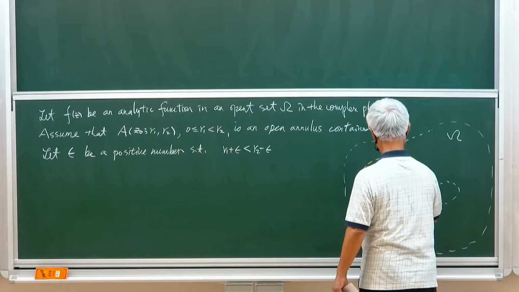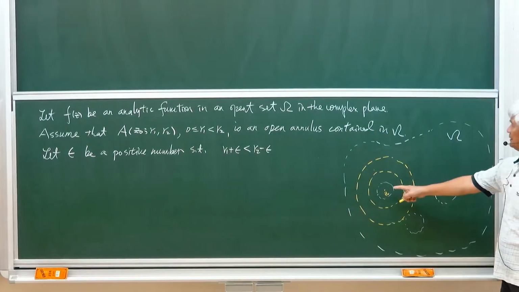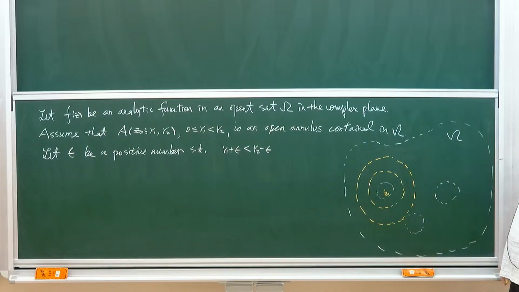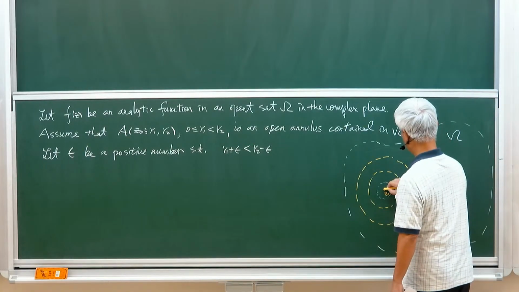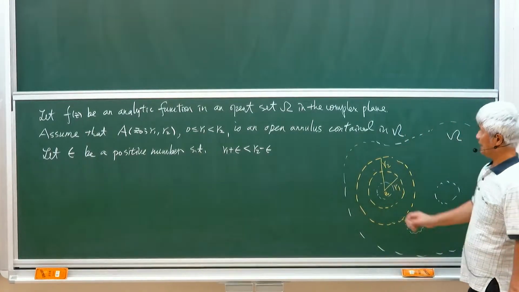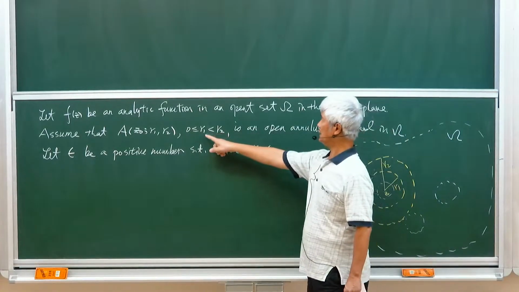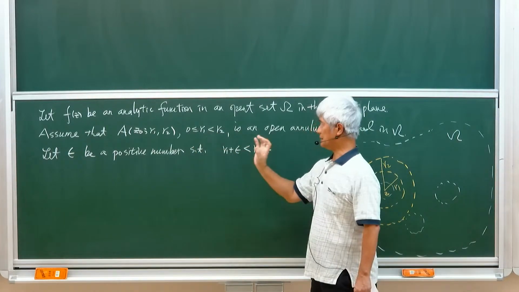So this is Z sub 0. In this case, Z sub 0, the center, is outside of the open set omega. And this is R1. This one is R2.